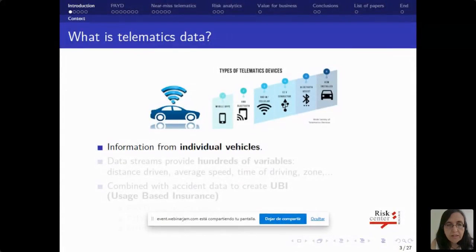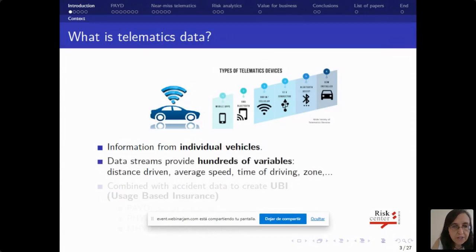And here in this slide, you can see that there are many types of telematics devices, but all of them collect information on individual vehicles. This information comes as data streams that provides hundreds of variables. One of the most important variables is the distance driven.